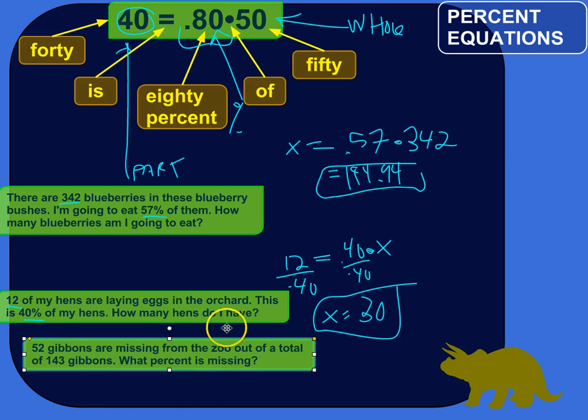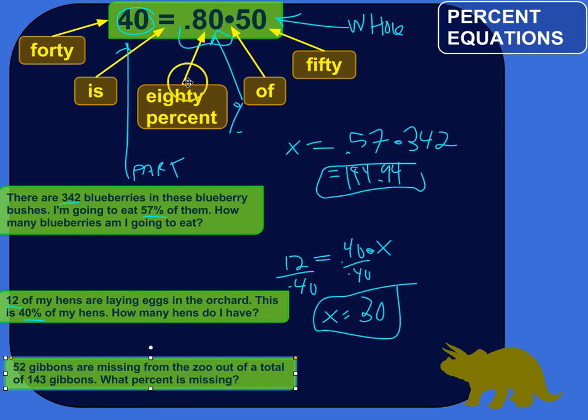So let's throw that kind of question in there. So we solve for the percentage. So the part is 52. 52 out of 143. So 52 is equal to what percent of 143?